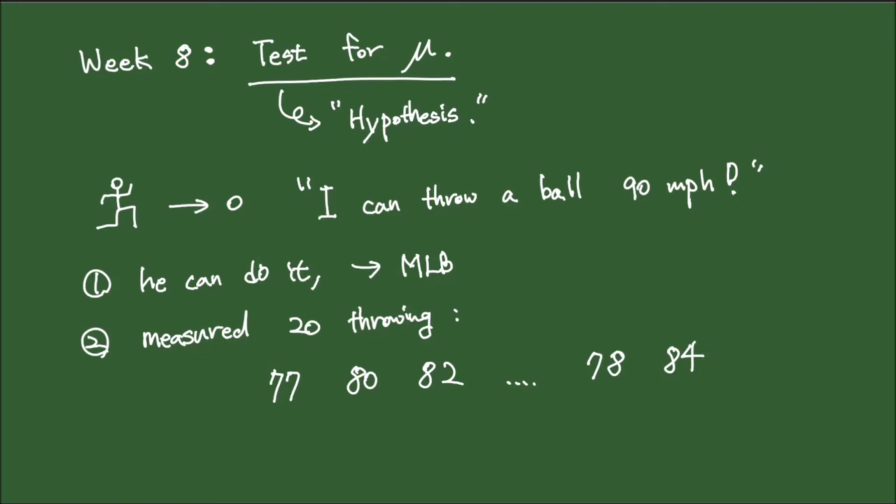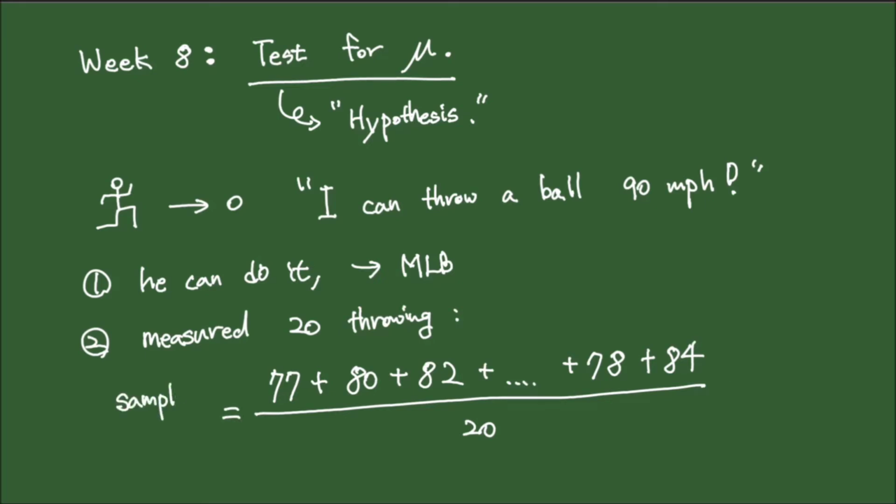So I have these 20 numbers, and after I saw these 20 numbers, what I did is I added them up and divided by 20 so that I can get the sample mean. Okay, and after the calculation, I got 79 as my sample average.